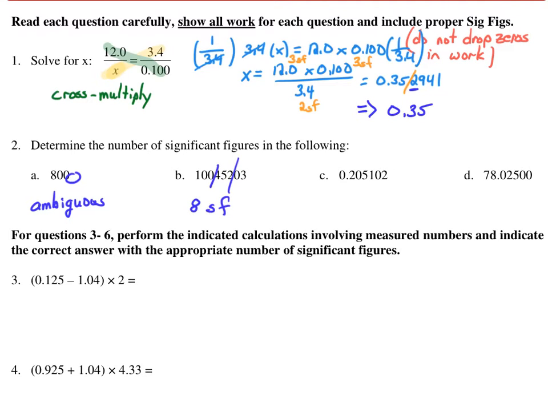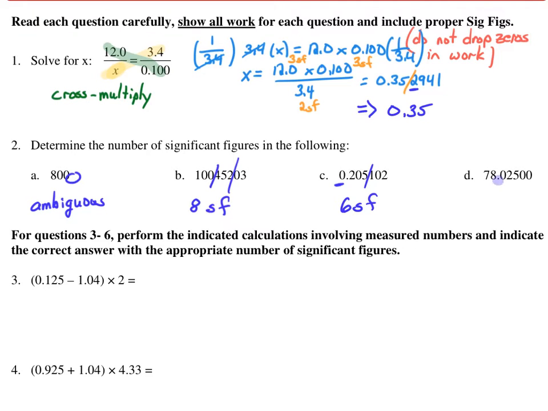All the digits 1 to 9 are significant, and these zeros are captive zeros, so they count as significant. In C, this leading zero does not count as significant. The remaining zeros are captive, so they do count as significant. So we see we have 1, 2, 3, 4, 5, 6 Sig Figs in the number in C.